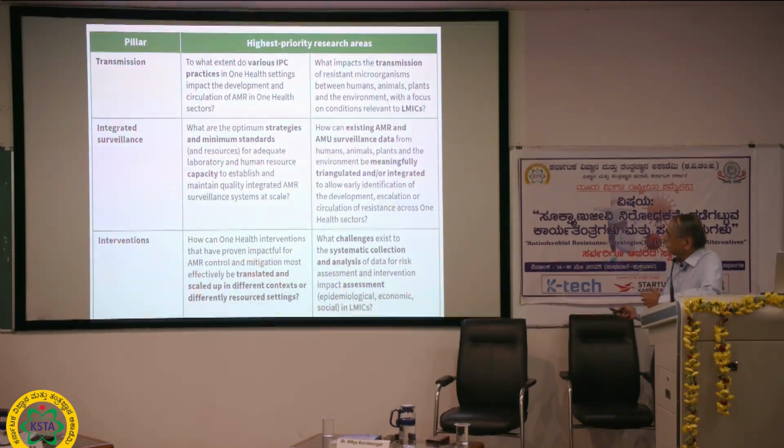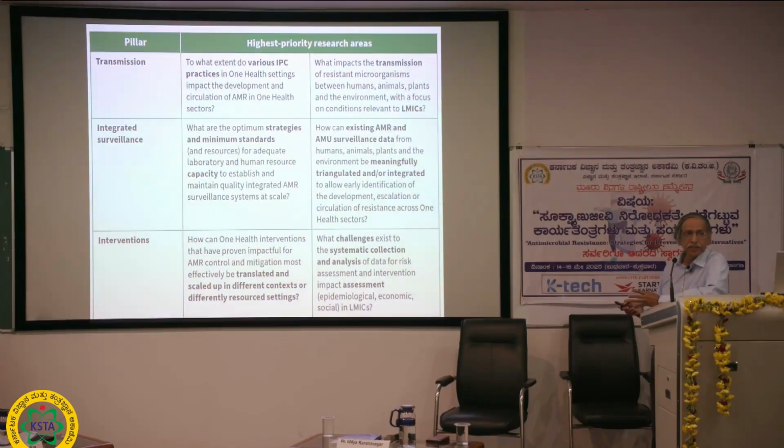Now in terms of interventions, what do we need to do? So how can One Health interventions that have proven impactful for AMR control and mitigation most effectively be translated and scaled up? So infection practices may be developed at different levels. Yesterday Dr. Vandana mentioned that infection control practice may be different. It may be at hospital level or at regional level or at national level.